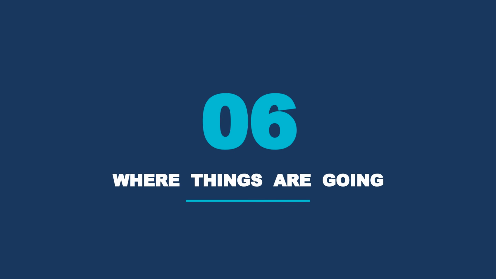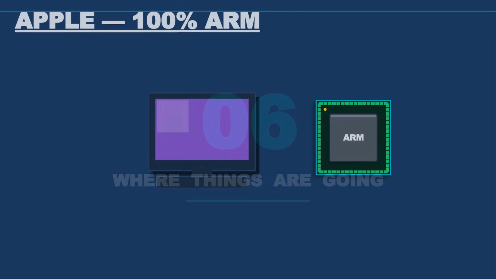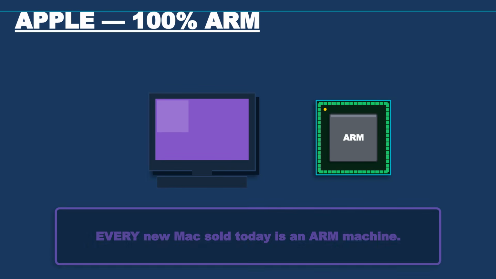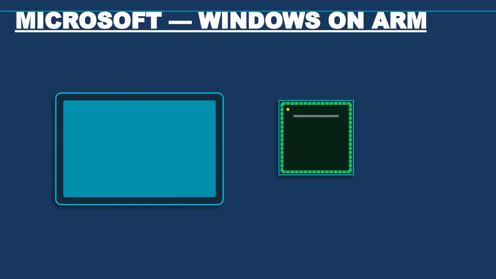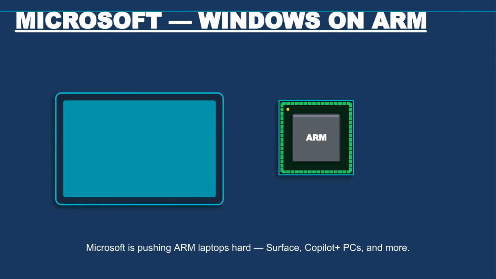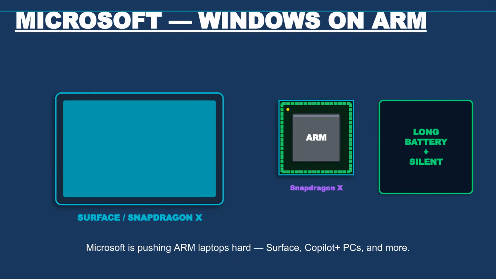Next, let's explore where things are going for these two architectures. Apple has fully transitioned to ARM. Every new Mac sold today runs on an ARM-based Apple Silicon chip, completing their move from Intel x86 by 2023. Microsoft is heavily investing in Windows on ARM laptops, like the Surface, powered by chips such as the Snapdragon X. These focus on long battery life and silent operation.